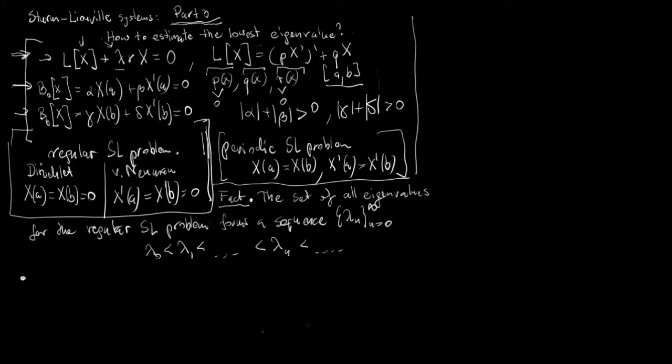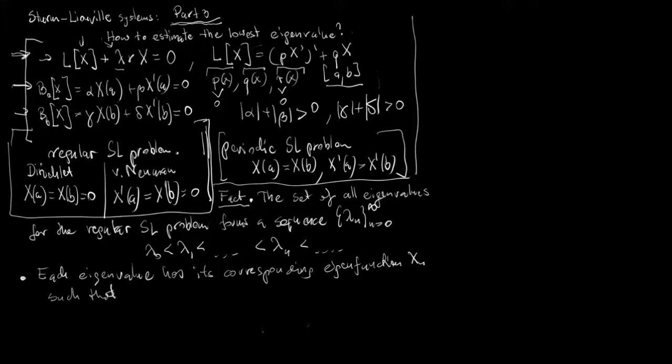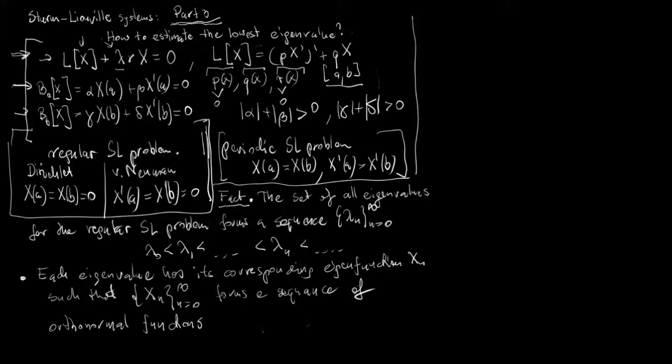So the second part of this fact is that each eigenvalue has its corresponding eigenfunction x n such that the sequence of these eigenfunctions, n from 0 to infinity, forms a sequence of orthonormal functions with respect to the scalar product.